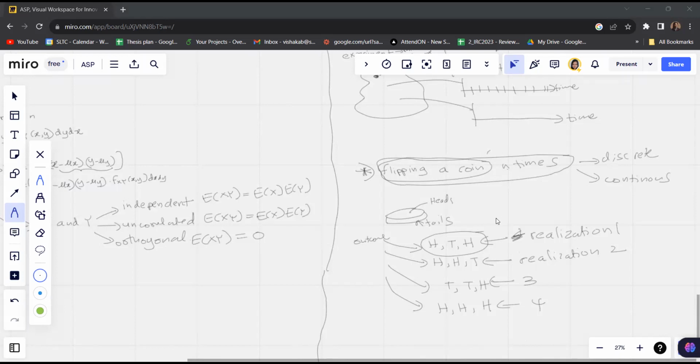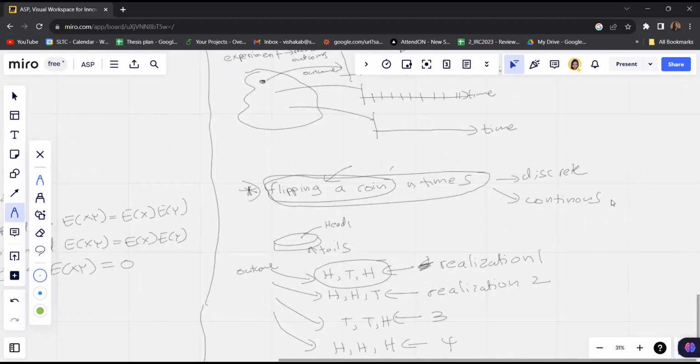It is discrete, right? Thank you, Martin. Actually, this flipping a coin is a discrete process, that gives discrete, countable outputs. Because of that, this process that gives different outputs, different realizations, is known as a discrete random process.